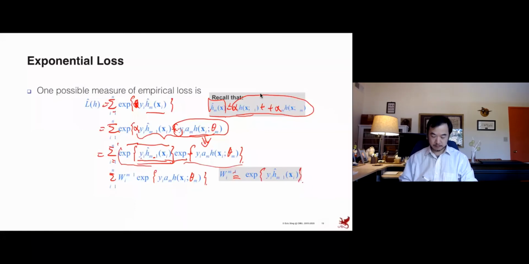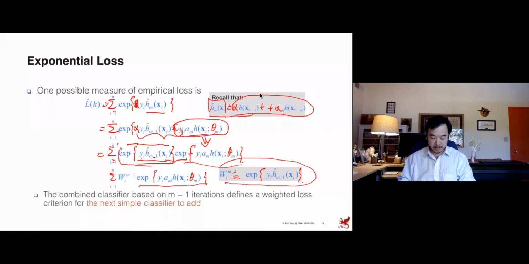That's the weight. And this one is the new loss, the augmented loss, from the new classifier. So that's why you see the W was defined in this way in the previous slides. It's coming from a factorization of our exponential loss in the training process.